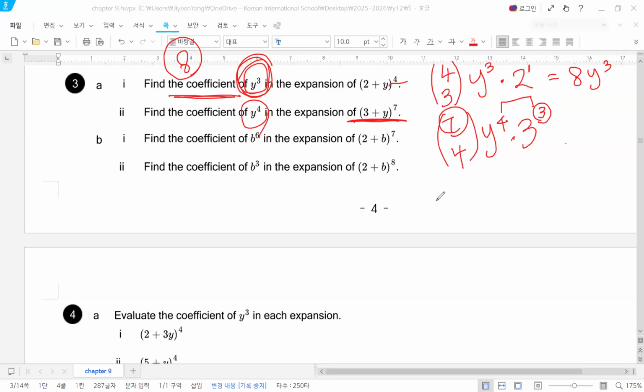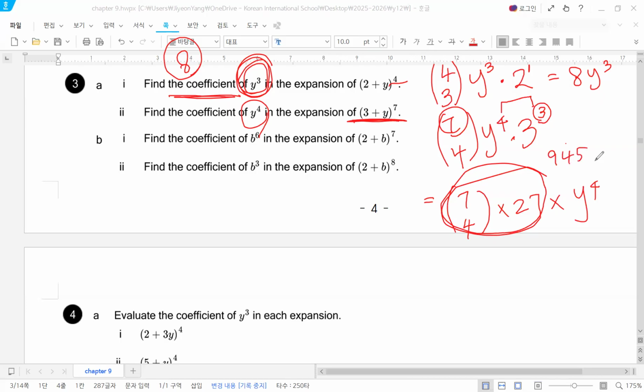Please, by using your calculator, figure out 7C4 times 27 y to the power of 4. 35 times 27 is 945. This is the answer. Students, please tell me you understand.